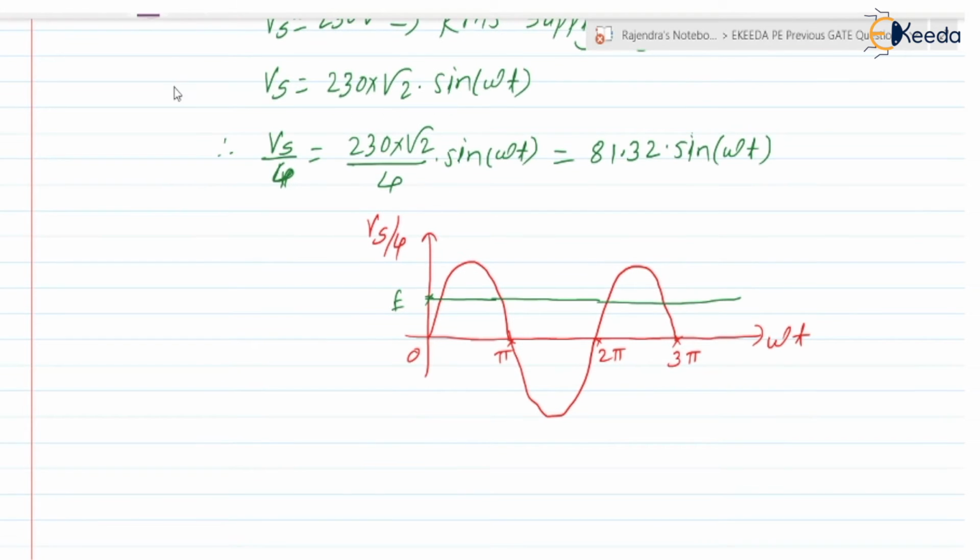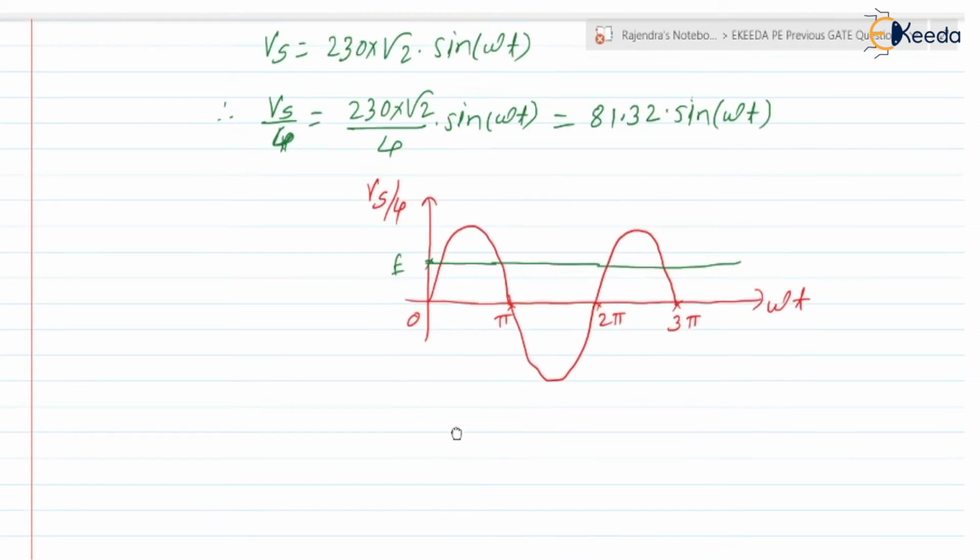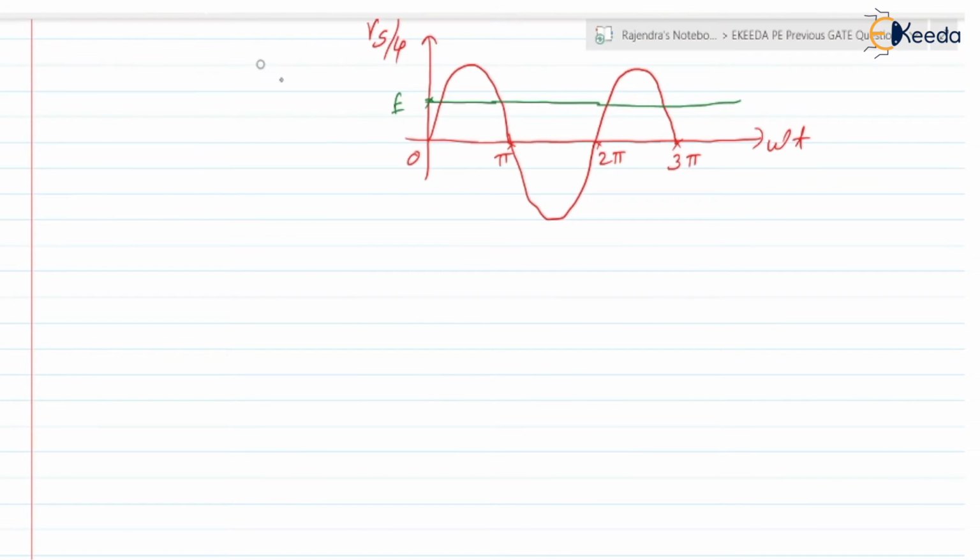So how is the waveform for I0? If we check I0, this is a half wave rectifier, so the I0 waveform will be like this.